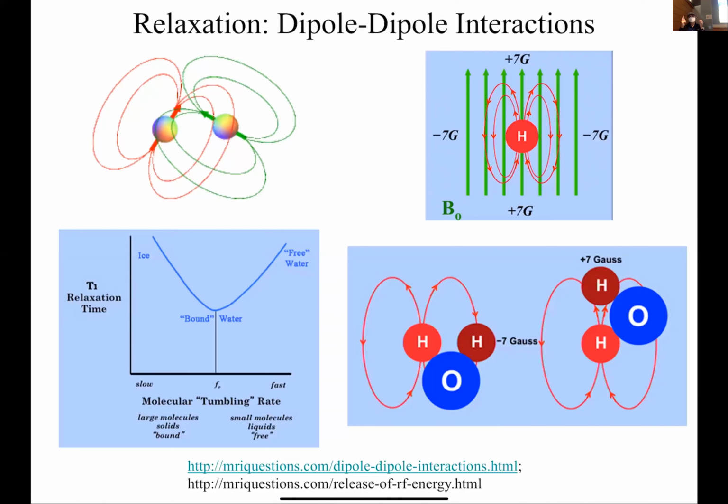We said every proton has a magnetic moment. So we also have to take into account that not only do we have this main field, we have all these other little magnets around us that are going to change what field I experience. Okay?